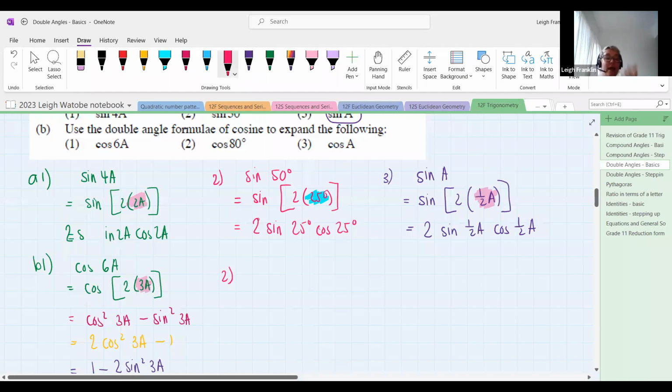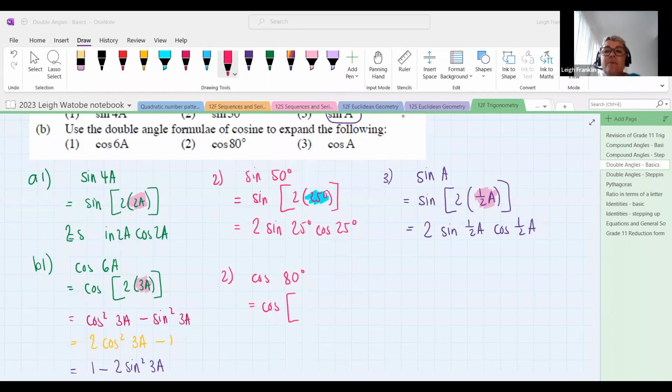Then cos 80 is there to show us what happens with numbers. So this would be the cos of, instead of me talking, I'm going to let somebody else tell me what I should write inside the brackets here. Does anybody want to unmute and tell me?